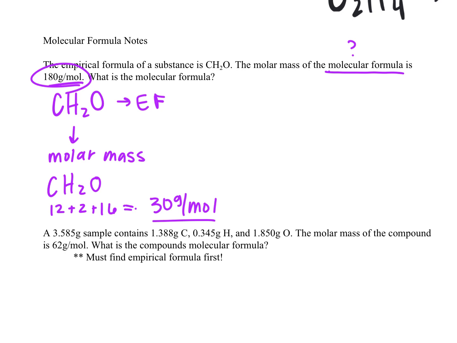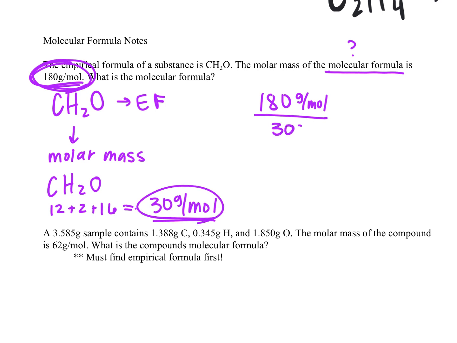So the way I do that is I take my unknown, or my molecular formula molar mass, 180 grams per mole, and I divide it by the molar mass of my empirical formula, 30 grams per mole. And this will tell me how much larger my molecular formula is than my empirical formula. So I do 180 divided by 30, and I get 6, right?